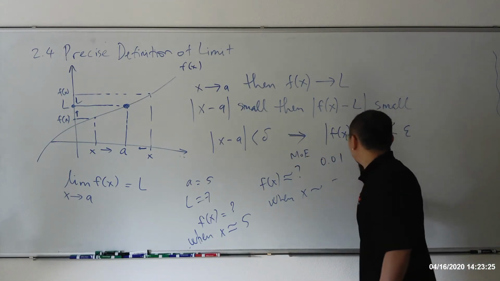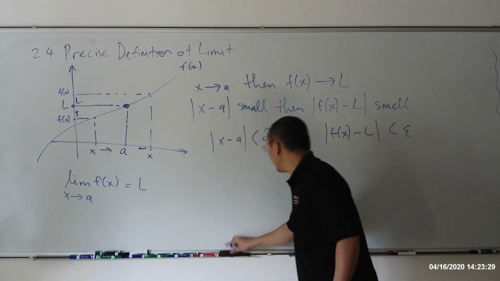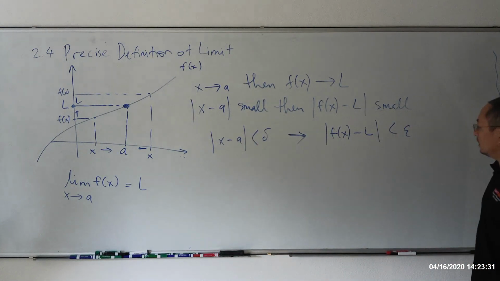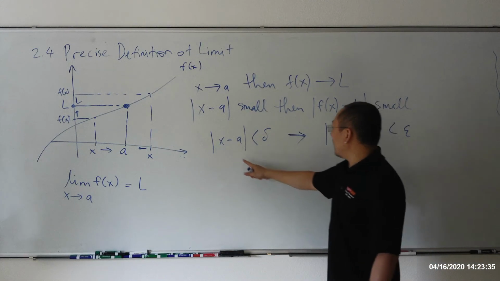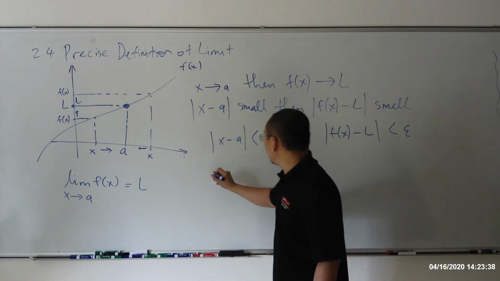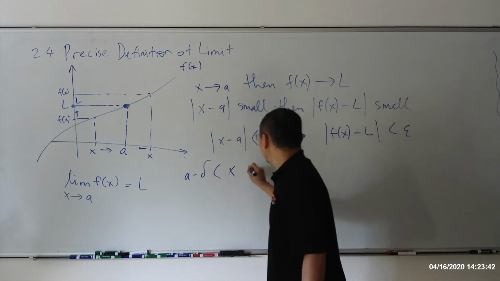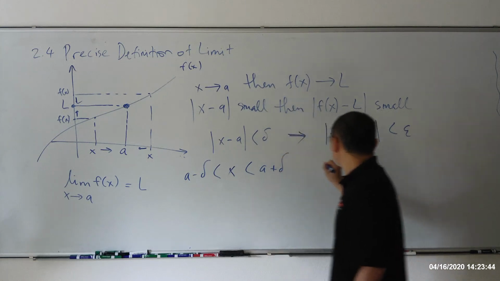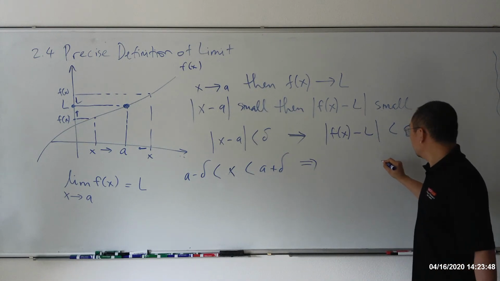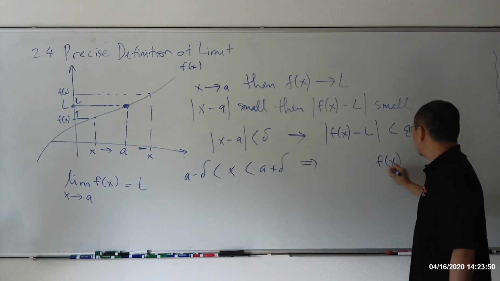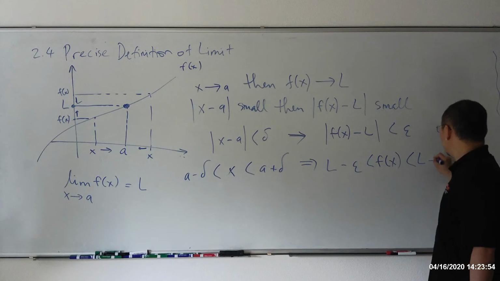And let me try to rewrite this a little bit clearer, to make it easier for you to understand. This line right here, I can write one more line equivalent to this. X is somewhere between A minus delta and A plus delta. And this is the same thing as writing f of x is somewhere between L minus epsilon and L plus epsilon.